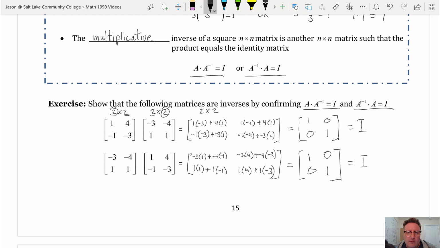Okay, so remember, typically the order in which you multiply matrices does matter. Matrix multiplication is not commutative like our normal operations of addition and multiplication of real numbers. The order of the operands does matter, but not when they're inverses. Okay, so this is an exception.